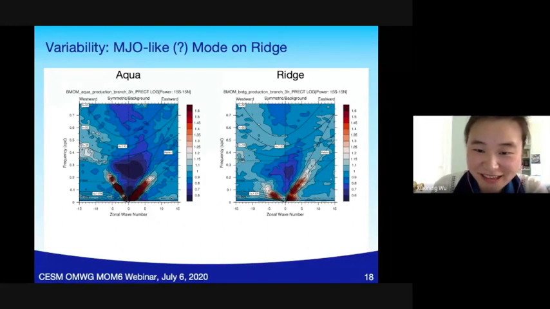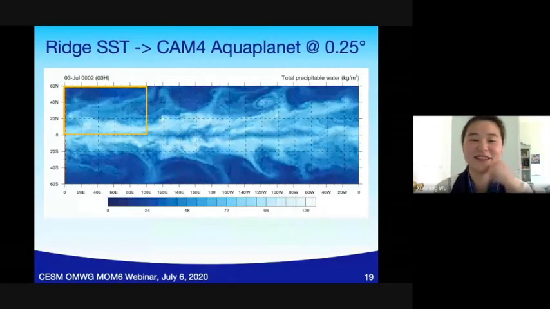And one last thing I wanted to show, just because we mentioned scale interactions, is that one of the major motivations to use a comprehensive atmosphere like CAM4 is that we get something like tropical cyclones.